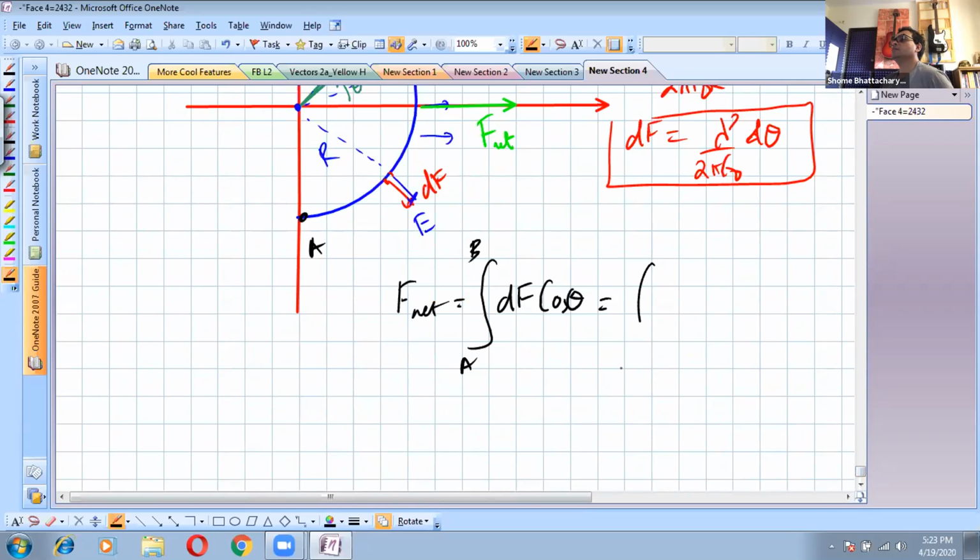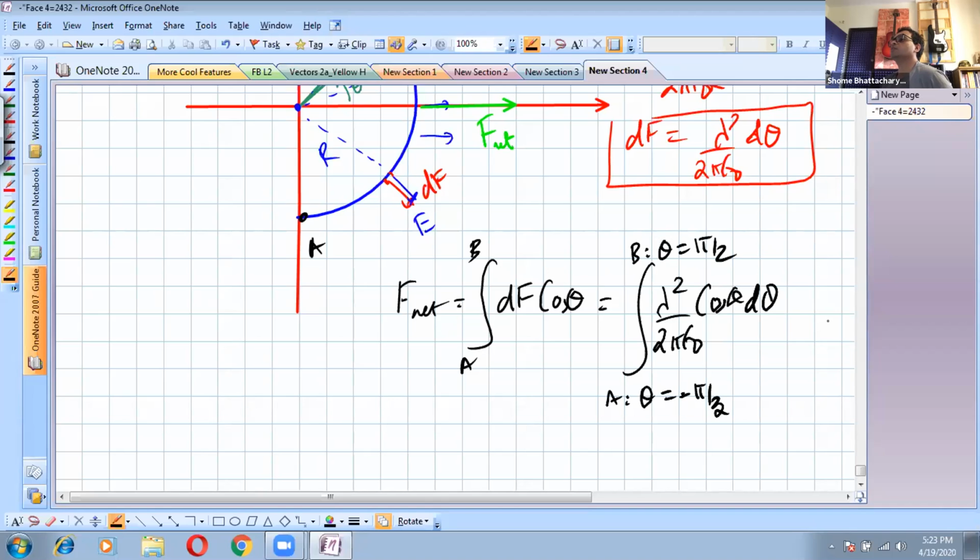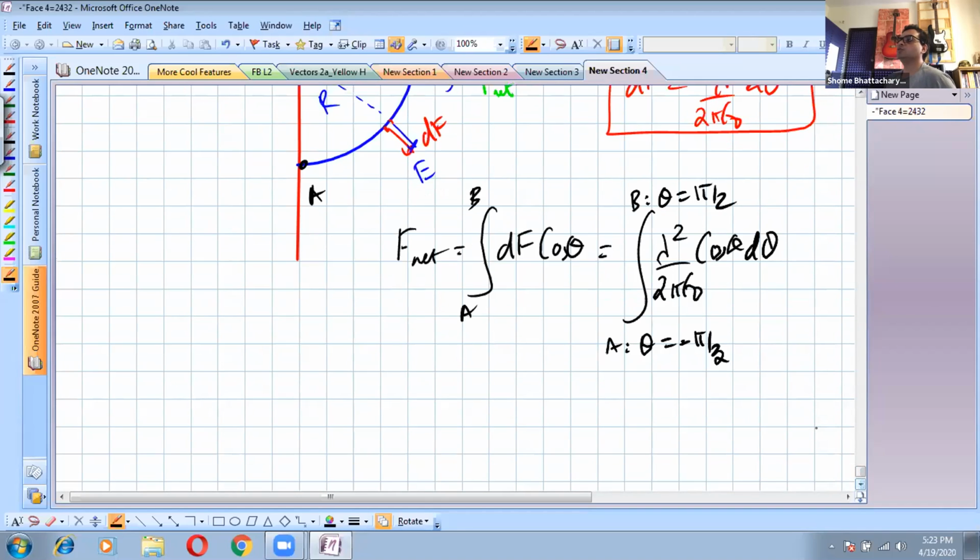So that will become lambda square by 2 pi epsilon naught cos theta dθ, integrated from the point A where theta is minus pi by 2 to theta equal to plus pi by 2. And you know that cos theta from minus to plus pi by 2 will give you 2.